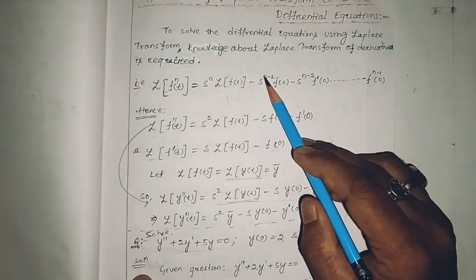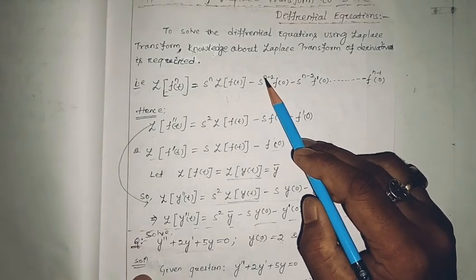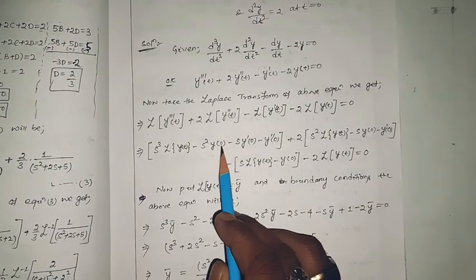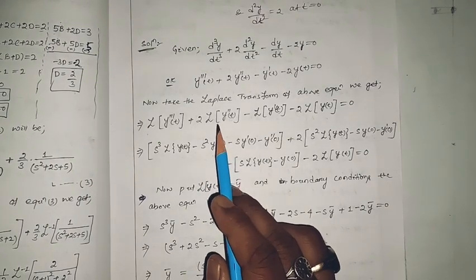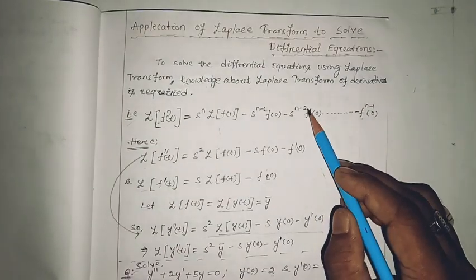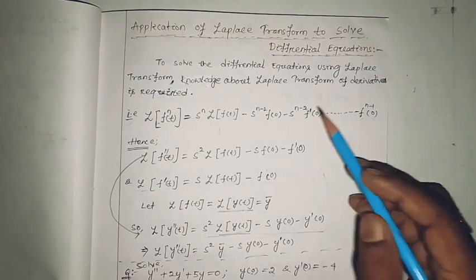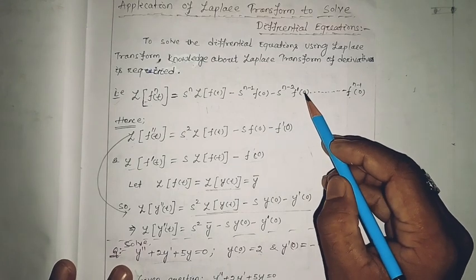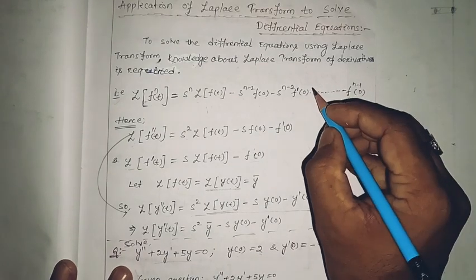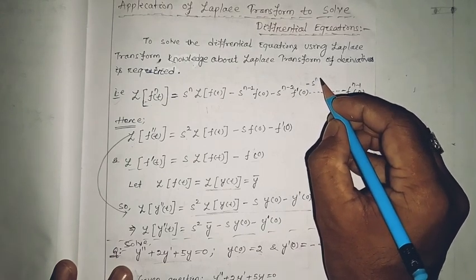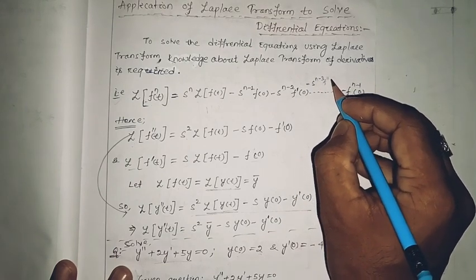And this will be minus s to the 3 minus 1, means s to the power 2 f of 0, here instead of f, y is there, so y 0, and then s to the power n minus 2, that means 3 minus 2 is 1, so s to the power 1 y dash 0, here you can see y dash 0. Next term will be how much? Next term will be minus s to the power n minus 3 f double dash 0.